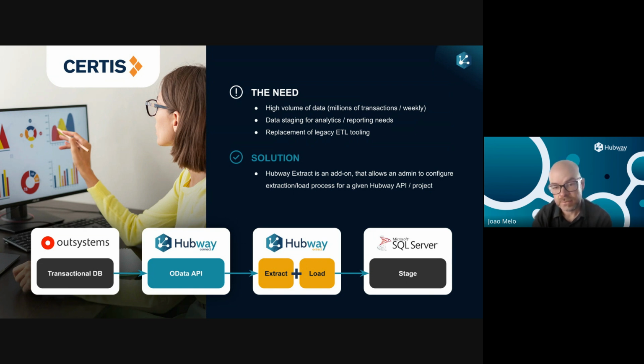And the results were even surprising for our engineering team, where with our optimization, we could reach better numbers than the ones of native APIs built in OutSystems. We did make use of some good optimization techniques in order to handle high volumes of data.